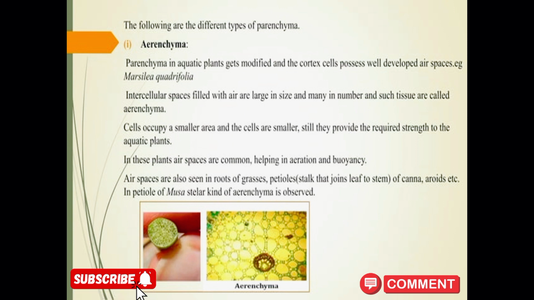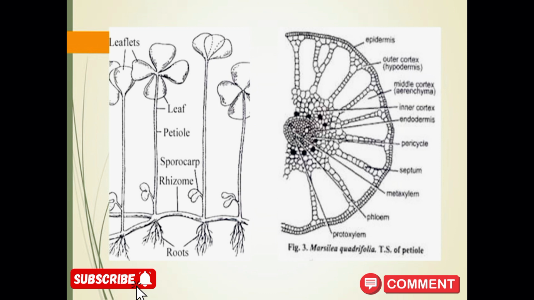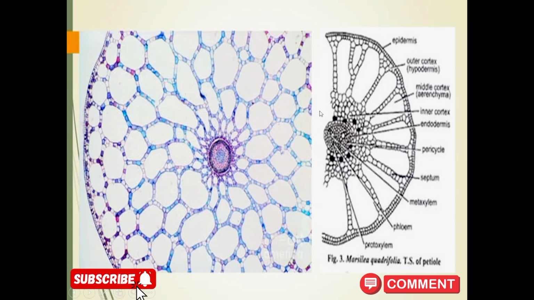Air spaces are also seen in roots of grasses, petioles of Canna, and petiole of Musa, which is known as banana. Stellate kinds of parenchyma are also observed. Now we will explain the parenchyma diagrammatically. You can see that these plants are hydrophytes. Within the hydrophytes, they store air within a special type of parenchymatous cells known as aerenchyma. This is Marsilea quadrifolia, in which the petiole is composed of a large number of air spaces.